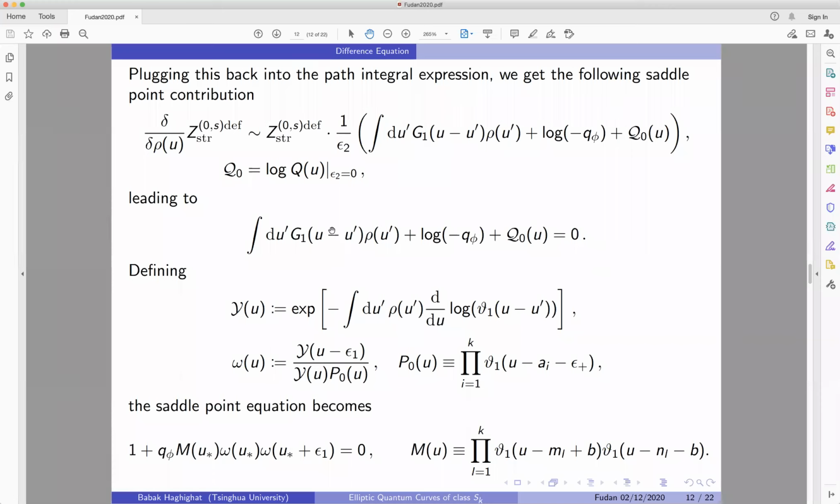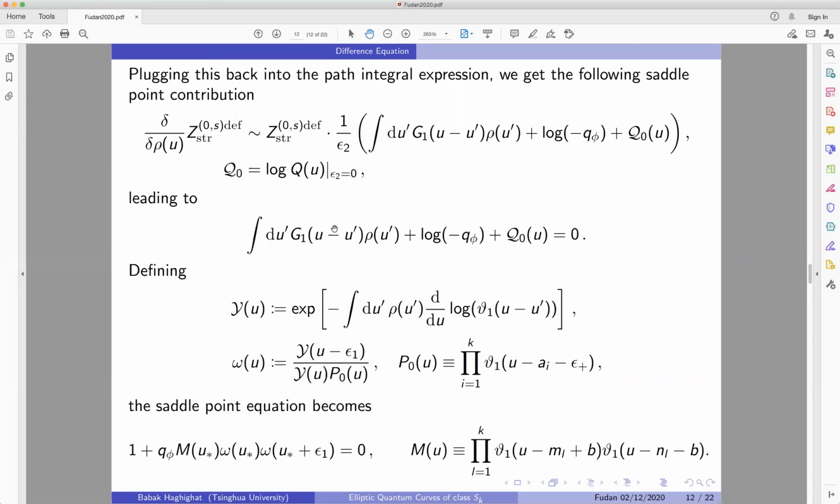And now we can massage this equation a bit and bring it to a nicer form. We're going to introduce these y variables here. These are convolutions of this density with a kernel given by these theta, which is the derivative of the log of this theta function. The reason is that, as seen before, these all contain theta functions.